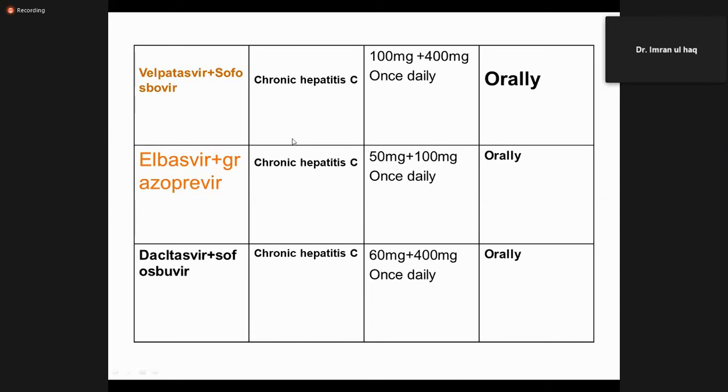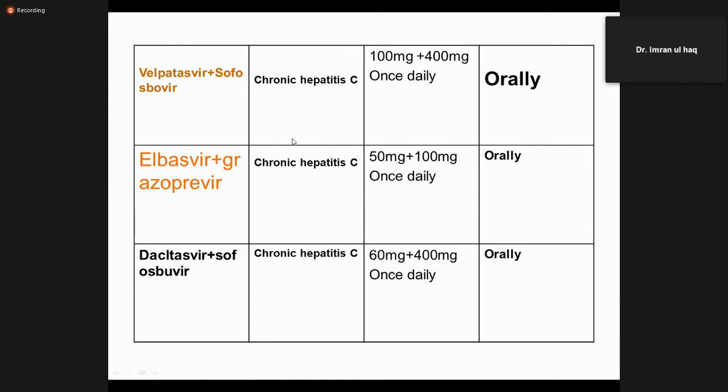But another important point: when we use the combination, there are increased chances of side effects. So this is a decision that would be taken by the concerned physician: this patient should start as monotherapy, or should start therapy with combination therapy. Sometimes monotherapy is started, and if the patient is not responding, we can add another drug.